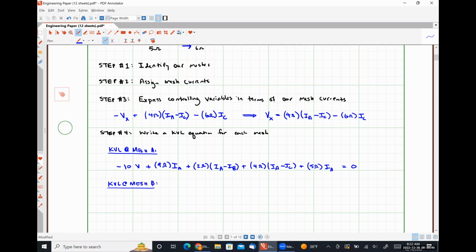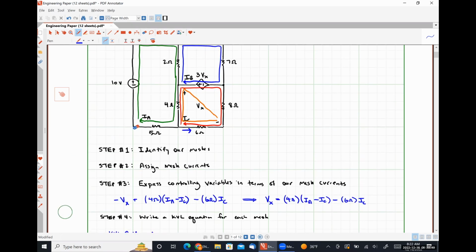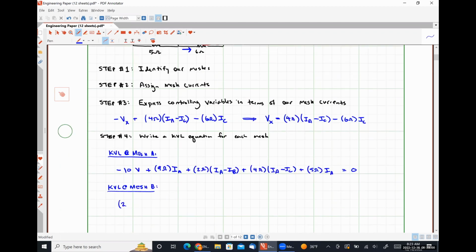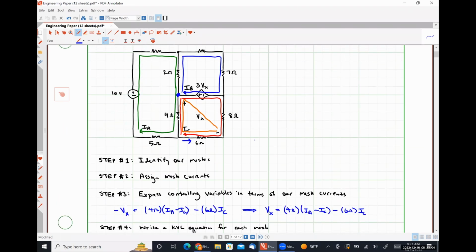So now we are going to follow mesh B around its clockwise path. So I'm going to start here and head up. So the first thing that I see is the 2 ohm resistor. What is the total current flowing up going to be?